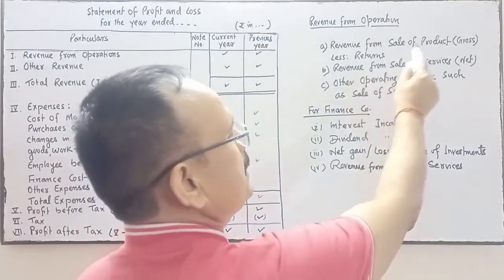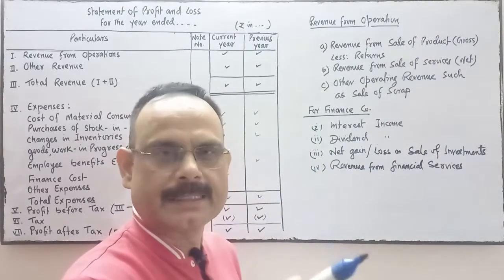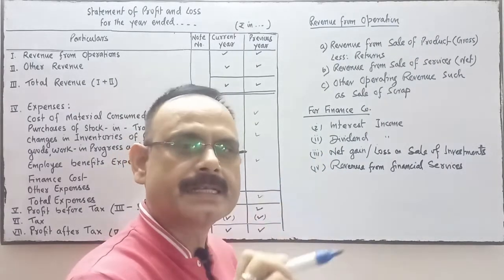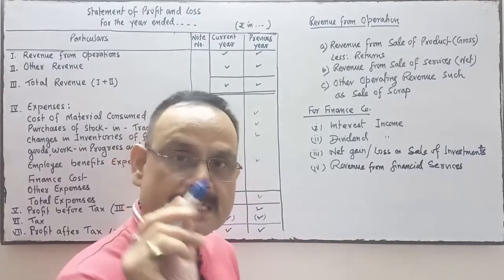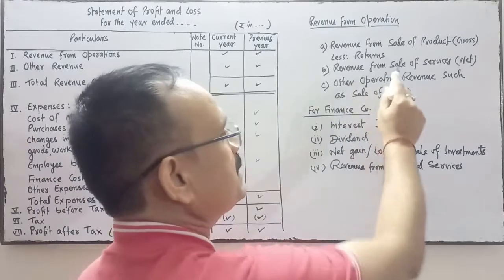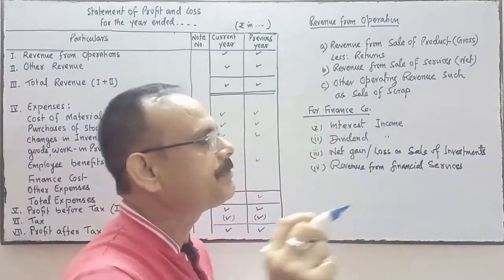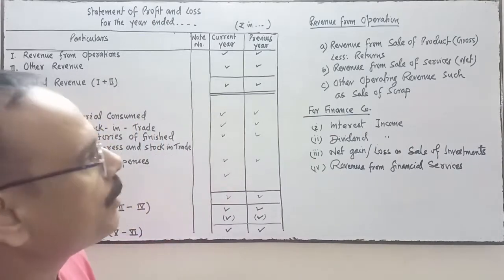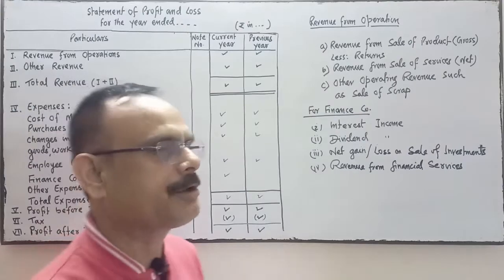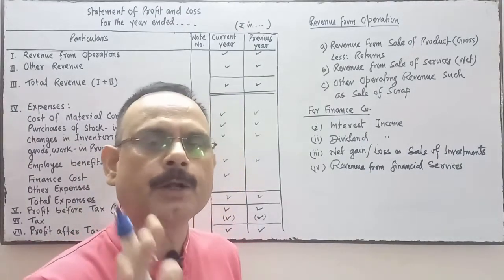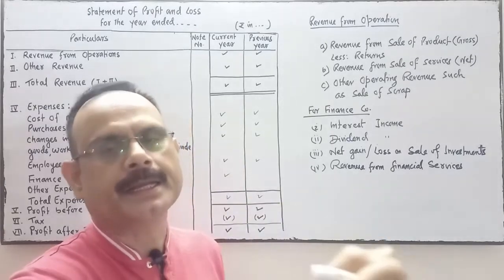So revenue from sale of product, gross, less return, sales return, and second, if it is a service industry, then revenue from services. Revenue from sale of services. Next is other operating revenue, such as sale of scrap, other operating revenue which are related to operating incomes.